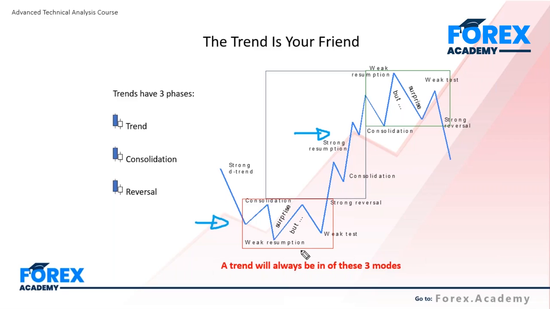During this phase over here, we then enter the consolidation phase. However, when we eventually break below there, we notice that the reversal is confirmed. So both the consolidation and the reversal phase are seen in both of these: the early start to a new trend, and the more mature stage of the trend, which ultimately leads to a reversal.